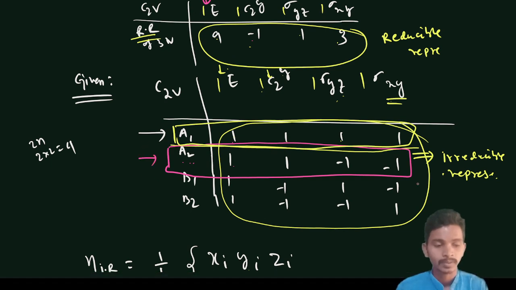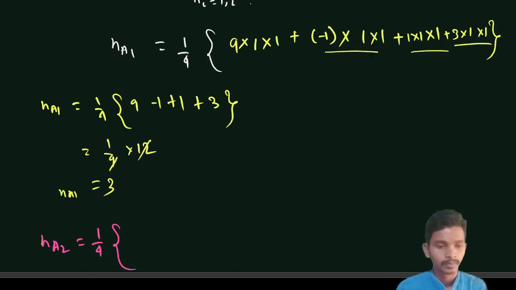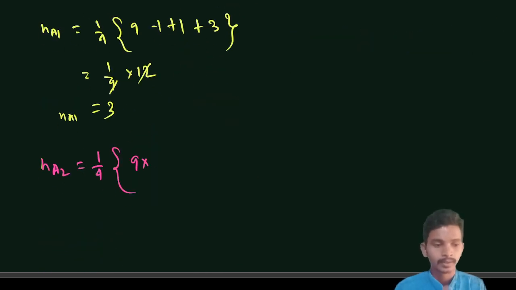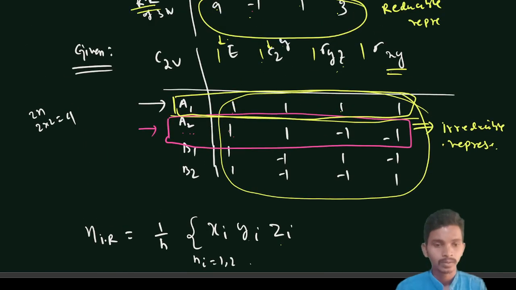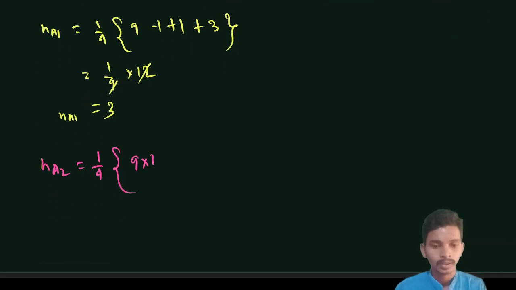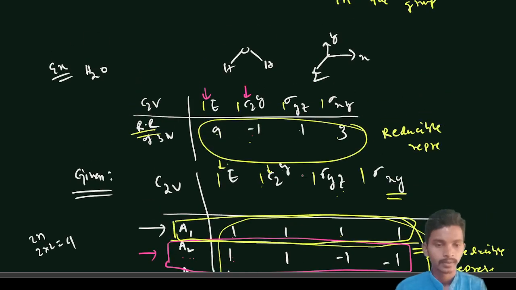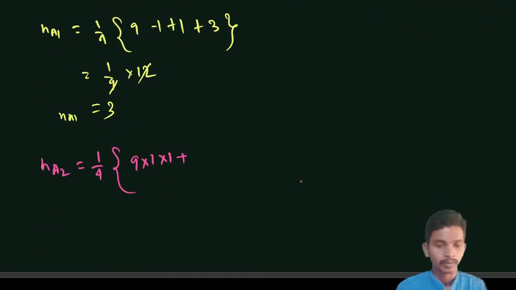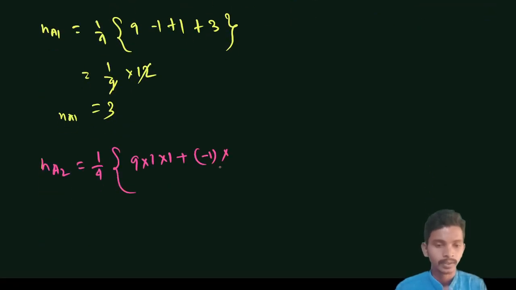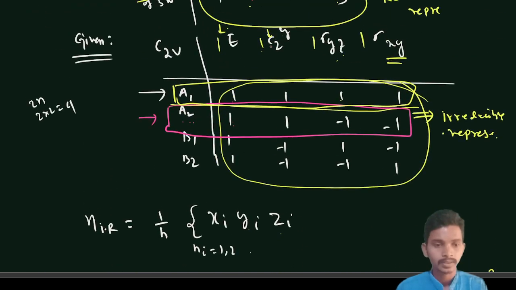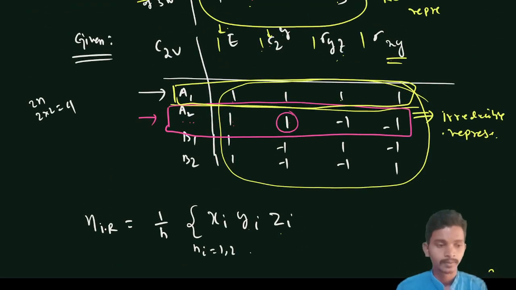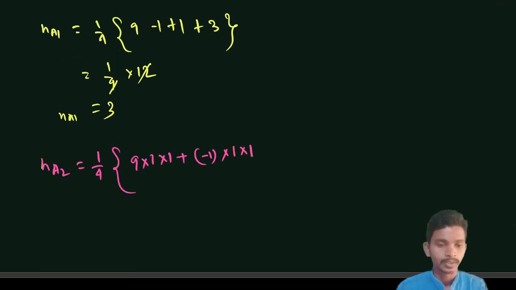So first is 9 into this value 1, and the coefficient is 1. After that this is minus 1, so I put minus 1 into the irreducible representation, which is 1, and the coefficient is 1.